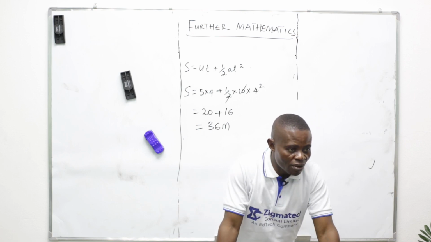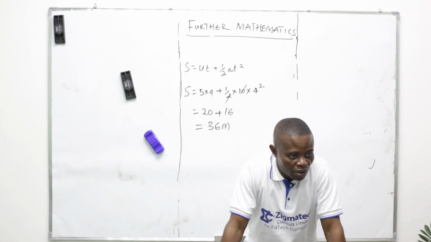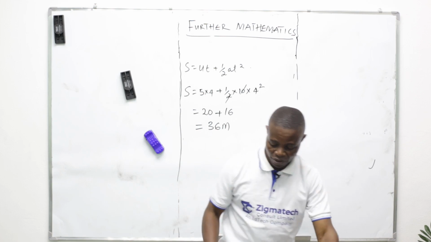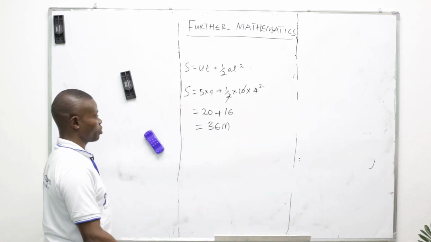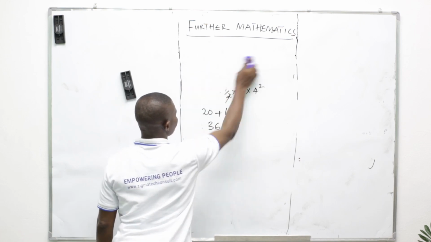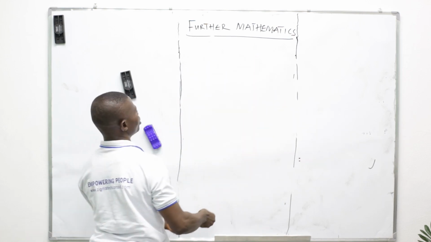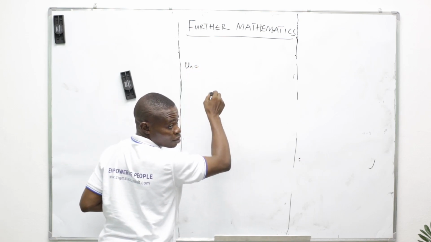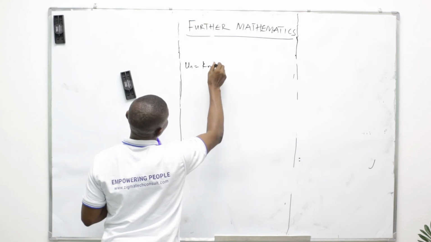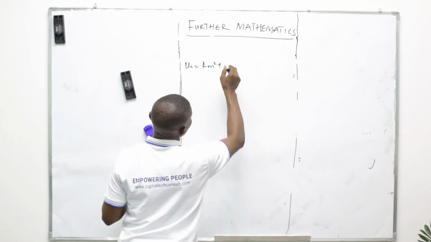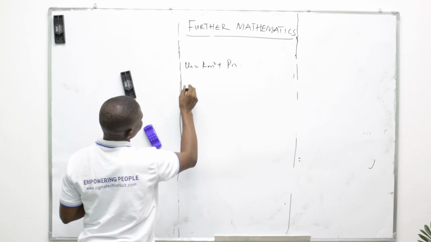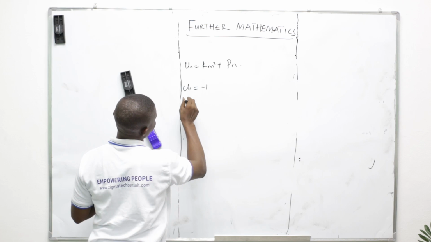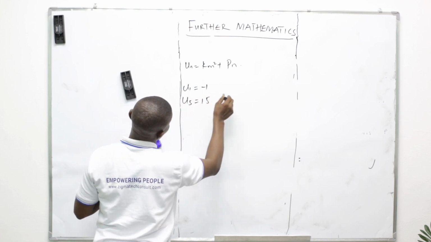If un equals kn squared plus pn, u1 equals minus 1, u5 equals 15, find the value of k and p, okay? This is a GP-like or AP-like question. Recall, un equals kn squared plus pn, and u1 equals minus 1, u5 equals 15.